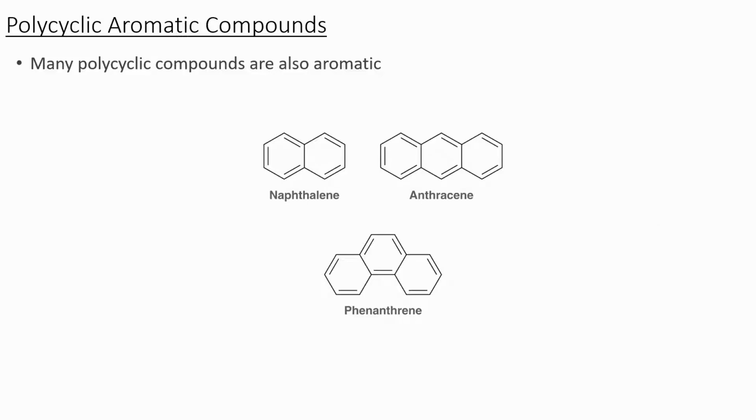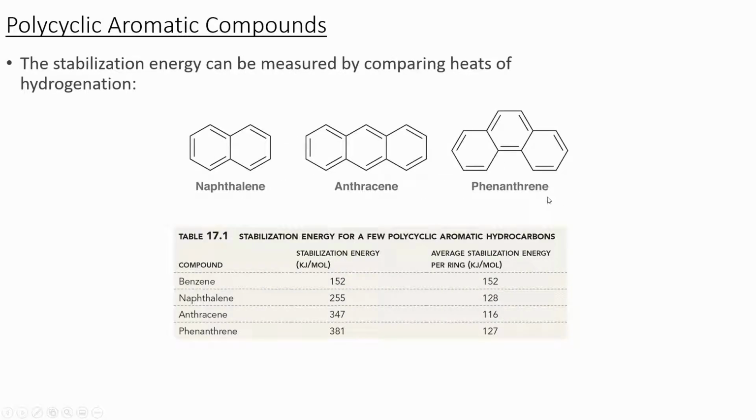We also have polycyclic compounds that can be aromatic, and so for these compounds we can count the electrons. These compounds are all flat, so we'll have overlapping p orbitals for these. And so here are a few examples of aromatic polycyclic compounds. And we can compare the heats of hydrogenation of these molecules to look at the stabilization energy.